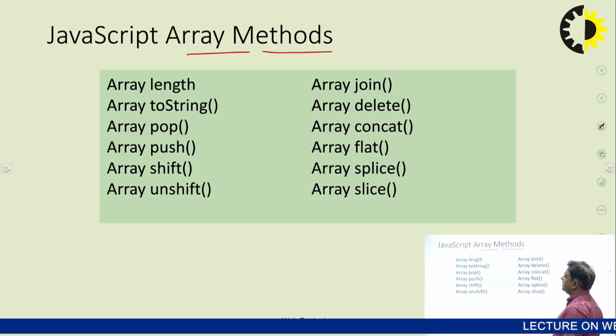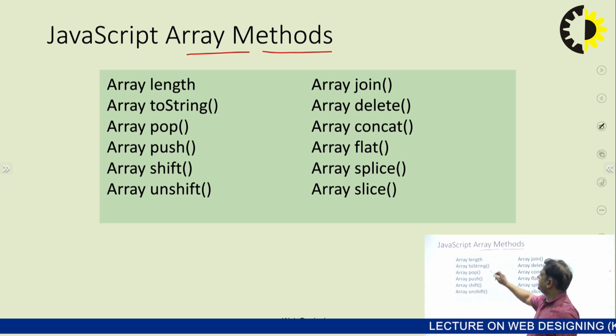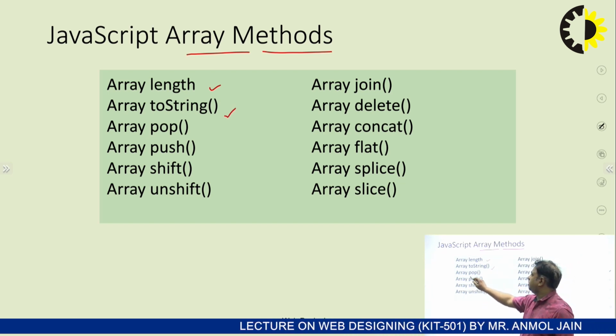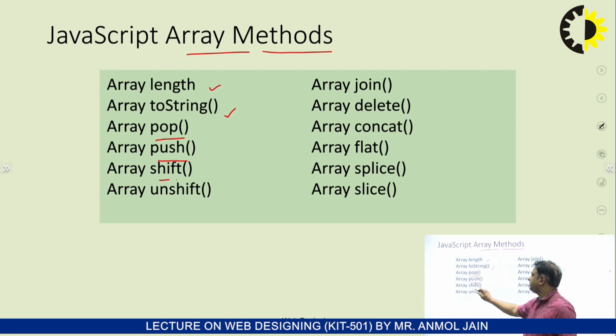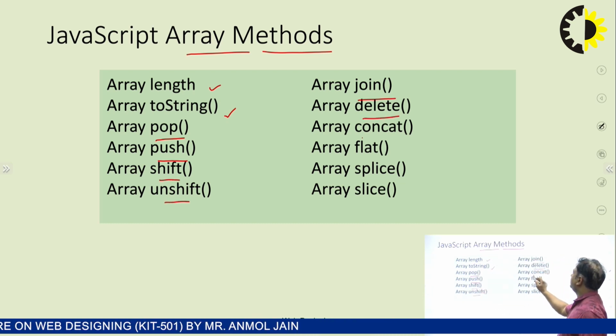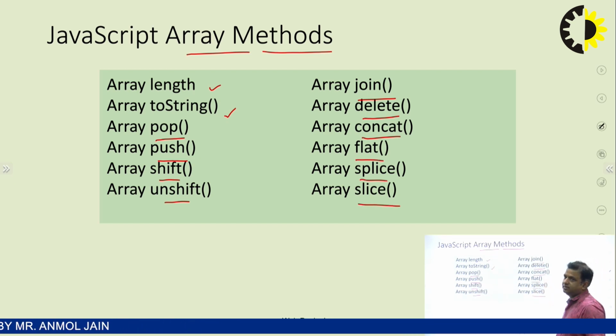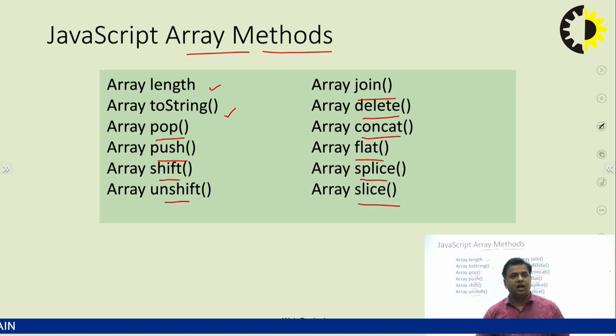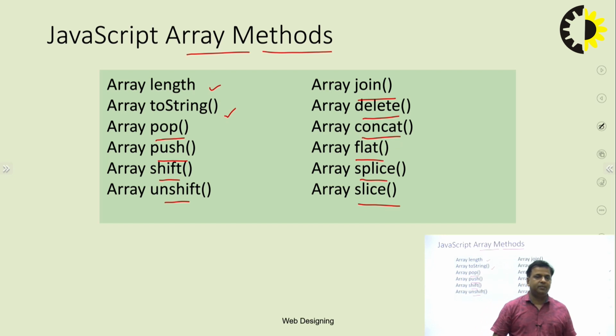In this sequence, we have the array length, array toString, pop method, push method, shift method, unshift method, join method, delete method, concat method, flat method, splice method, and slice method. All these methods are useful when we do programming for verification and validation purposes, and when we play with arrays. So let's see them one by one.